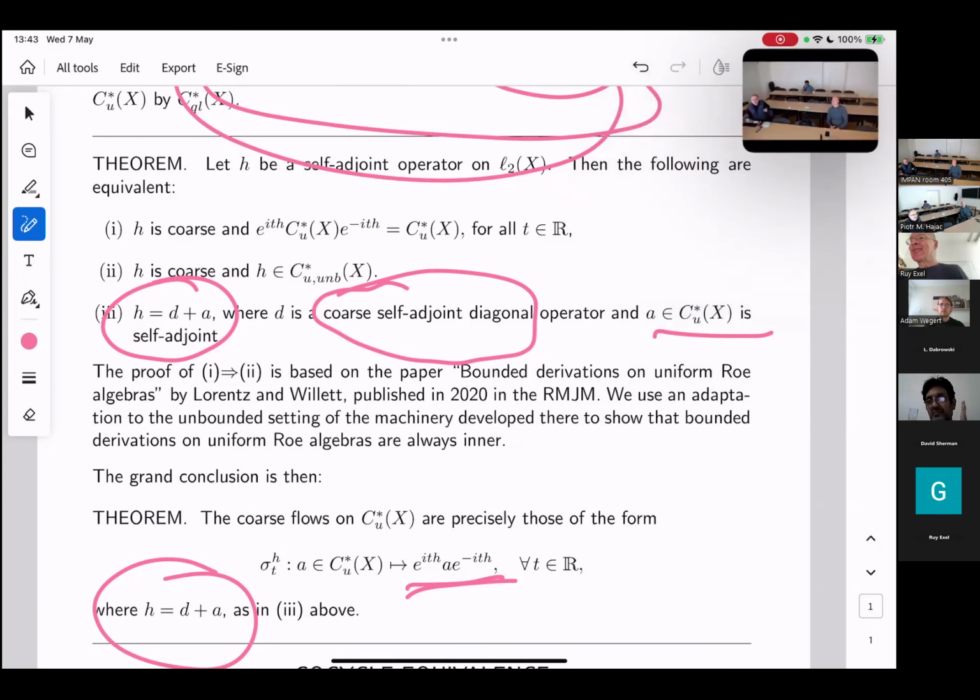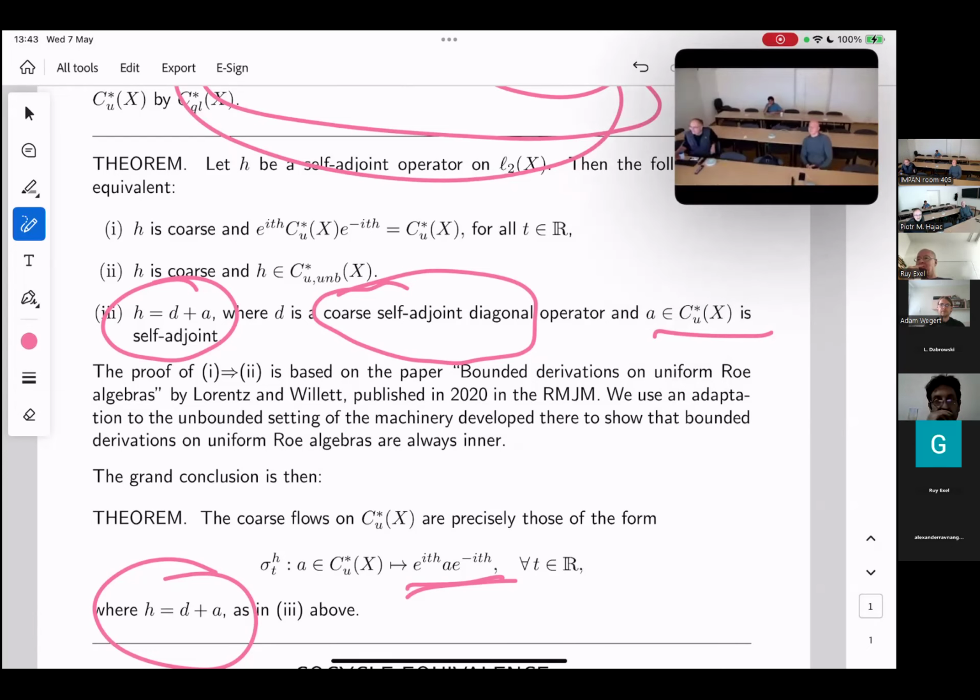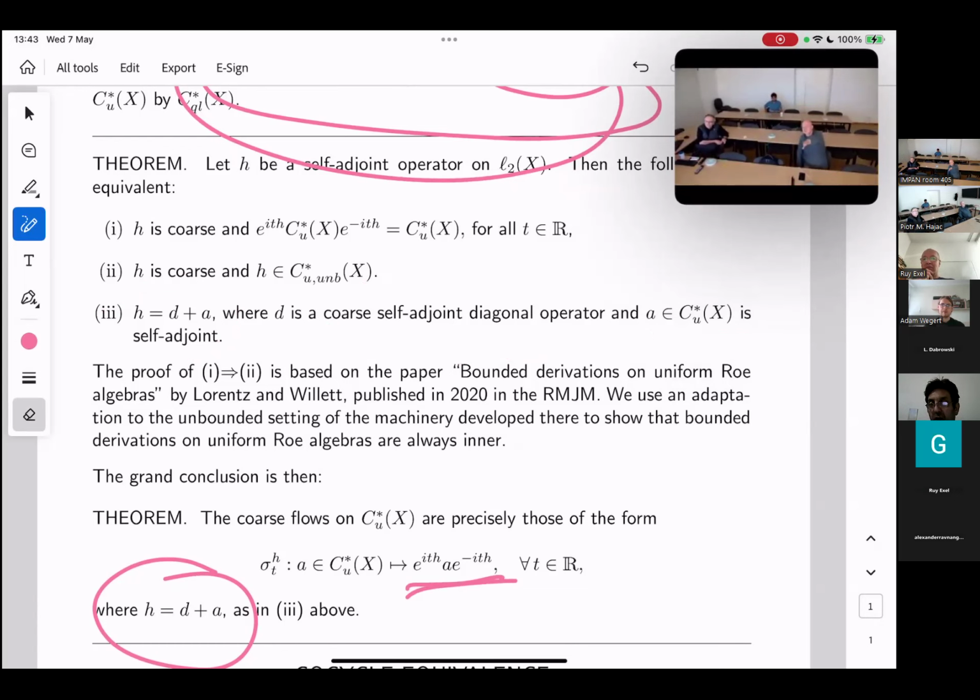Okay, any questions from anybody? Continuing about this condition number 3, I wonder what is the intersection of elements of type D and elements of type A? It's only boundedness. So the intersection is coarse self-adjoint diagonal bounded operators. That's L infinity.